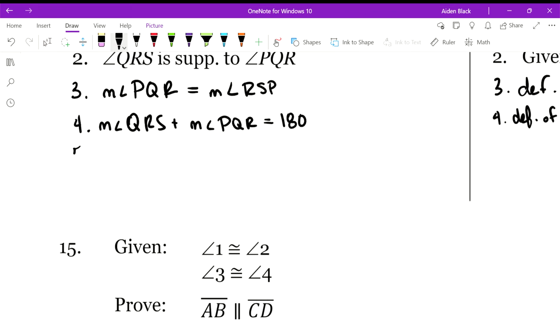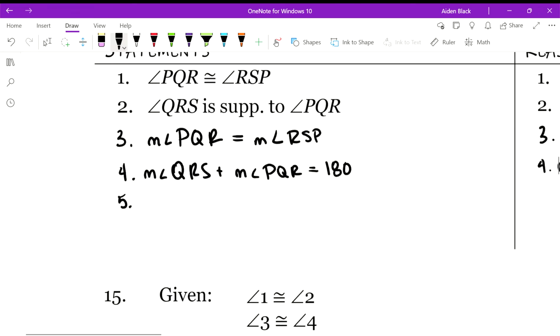So now for number 5, I'm going to substitute. As you can see here, the measure of PQR is equal to the measure of RSP. So I'm going to rewrite statement number 4, but instead of writing measure of angle PQR, I'm going to use what it is equal to, which is RSP.